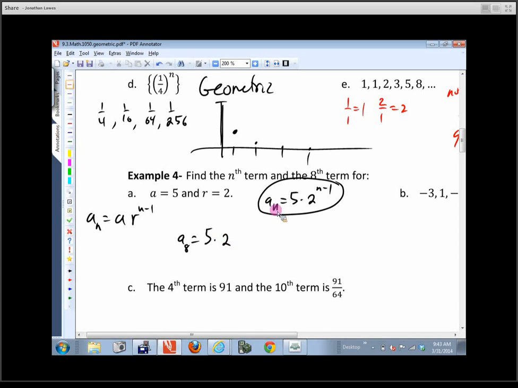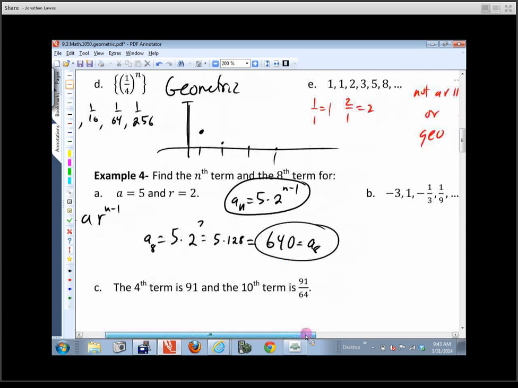Plug an 8 in here, plug an 8 in there. 8 minus 1 is 7, so 7 common ratios. So this is going to be 5 times, correct me if I'm wrong, this is 128, isn't it? Okay, so if I multiply those together, what do I get? 640. There's the 8th term. Everybody good there?